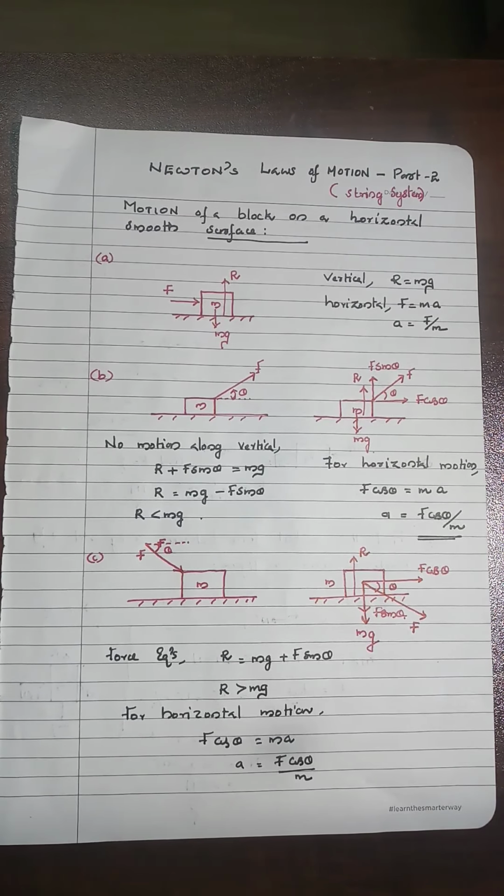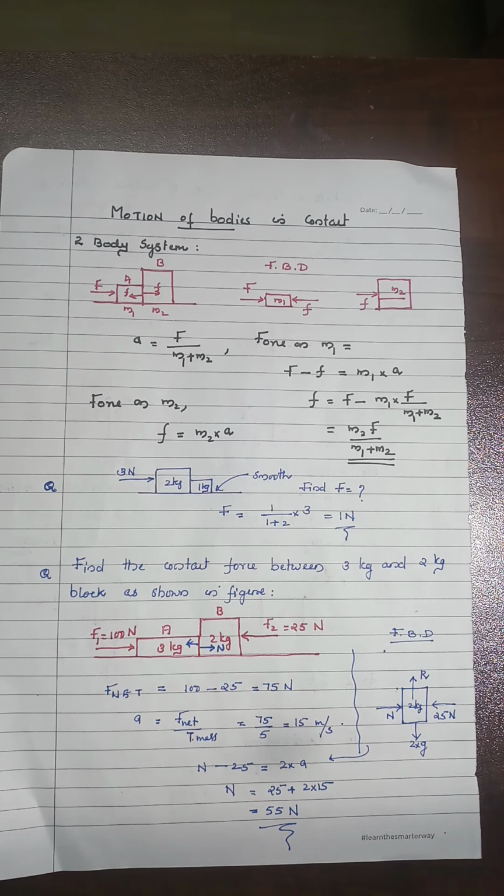See, the motion of bodies in contact. While discussing every problem, you should clearly sense what free body diagrams we are drawing and how we can write the equations of motion. That is very important.